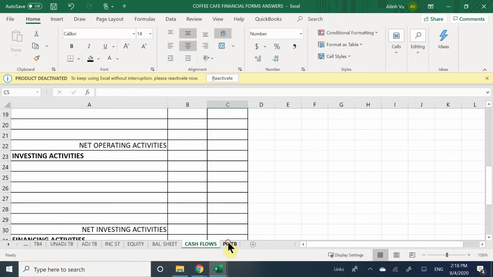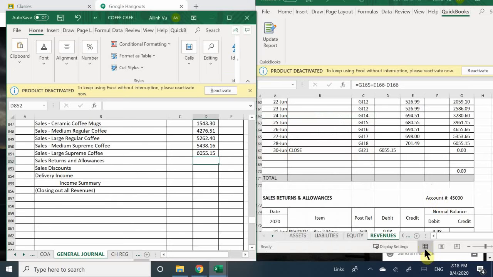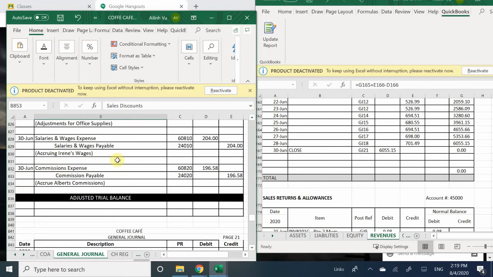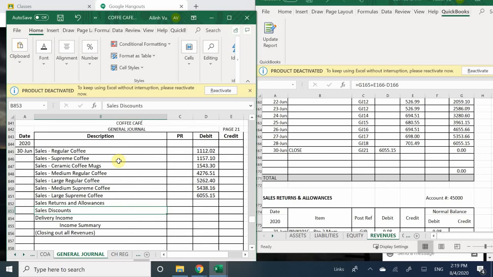Other than that, we move into the post-closing trial balance. Now, this happens after you've closed up your books. If you remember from the PowerPoint, here I finished my adjustments, right? So I'm going to come back to my general journal and start zeroing out accounts.